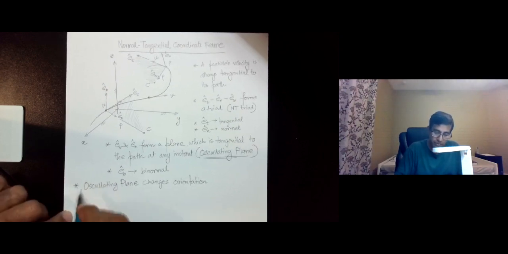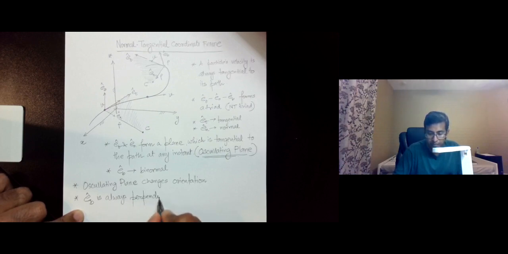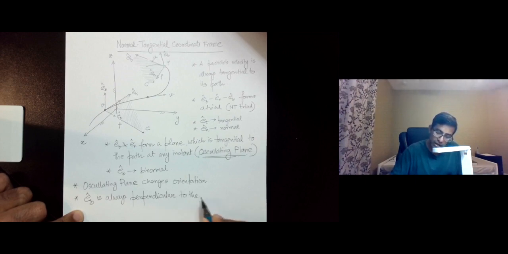We also note that EB is always perpendicular to the osculating plane.